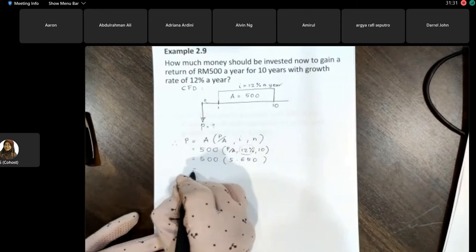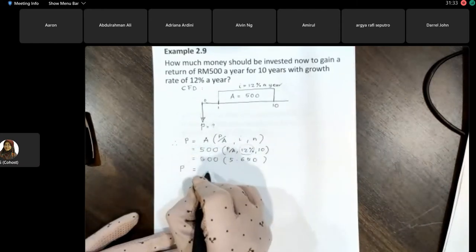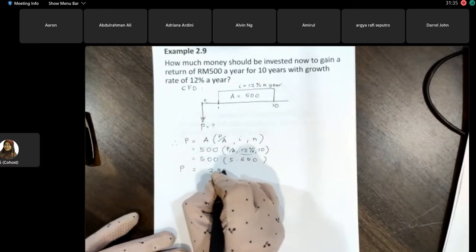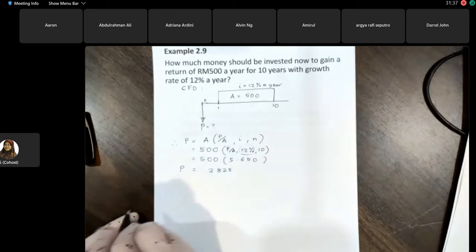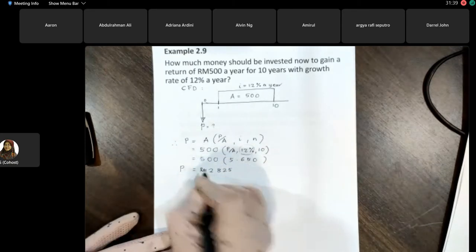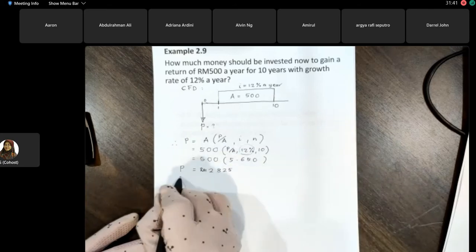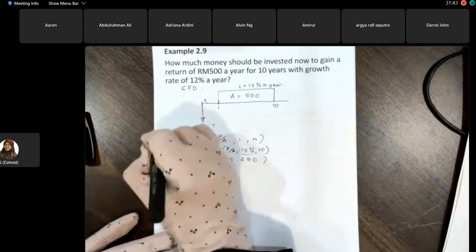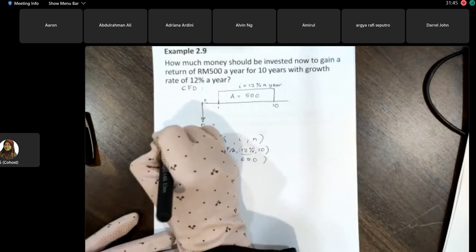So you will get the P value. Okay, this is if I want to use the table. This one is by using the table.